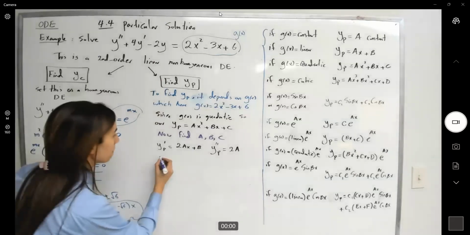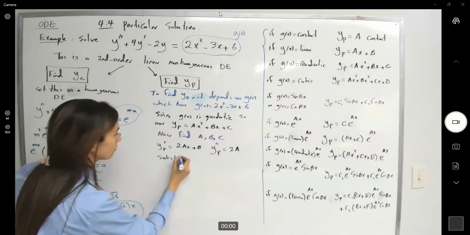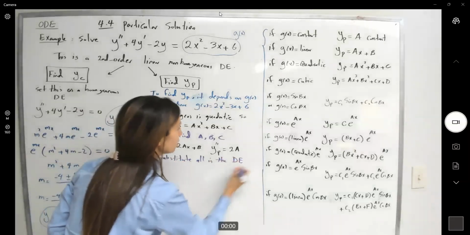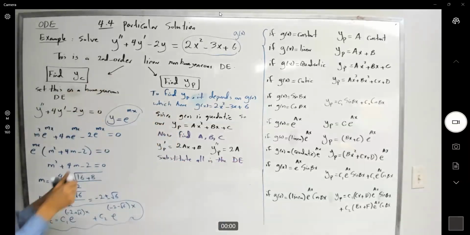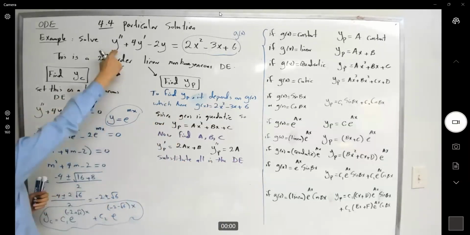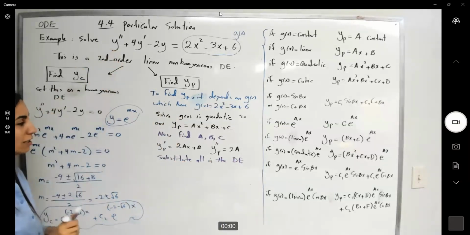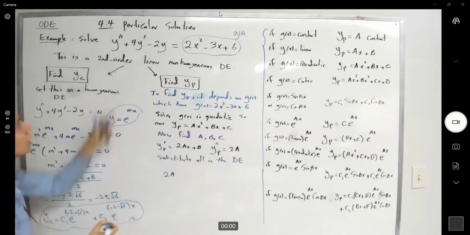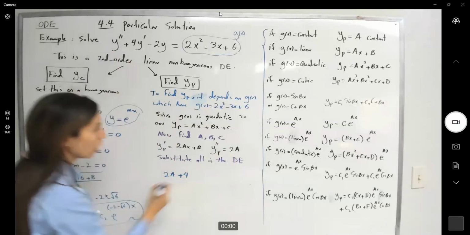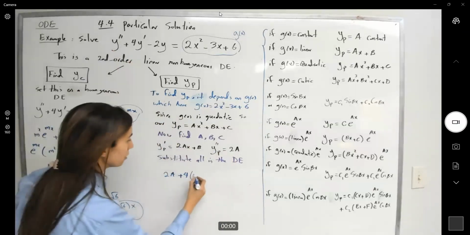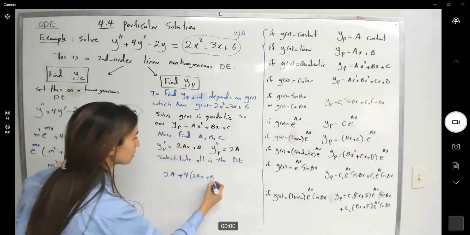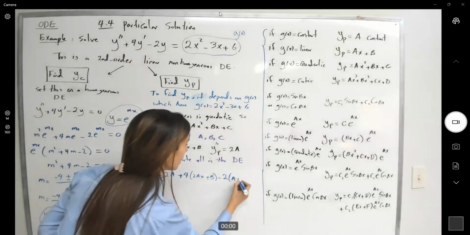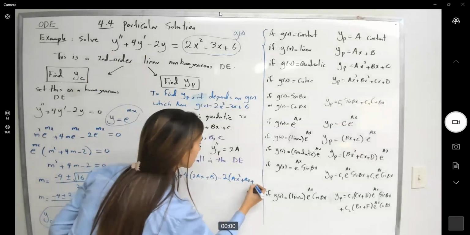Substitute all in the differential equation. My differential equation says I start by having the second derivative of y, which is 2a, plus 4 times the first derivative, 2ax plus b, minus 2y, which is ax squared plus bx plus c.